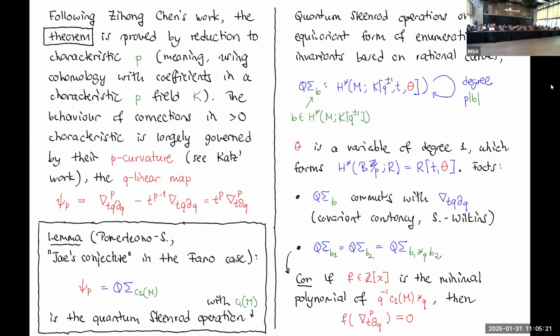This is the definition: you take the connection and take its P-th power, and in this case, because you're differentiating in the d/dq direction, you have to subtract this term here. Or you could take the connection q d/dq, where you divide by q, and then it's just the P-th power. Anyway, this is the P curvature, a q-linear endomorphism.